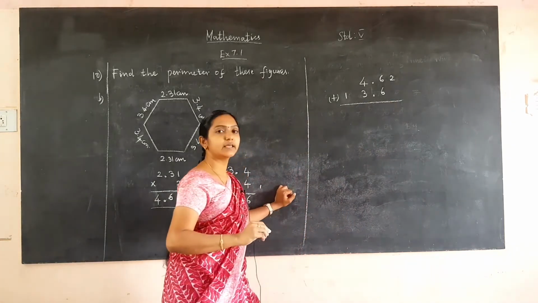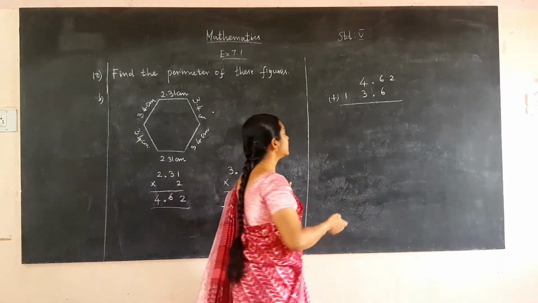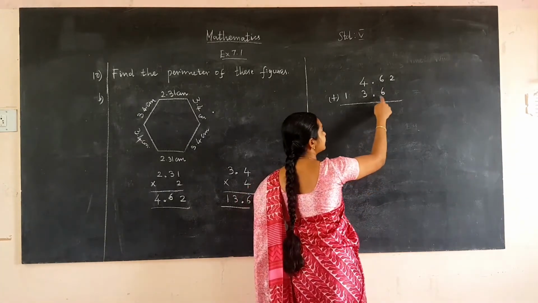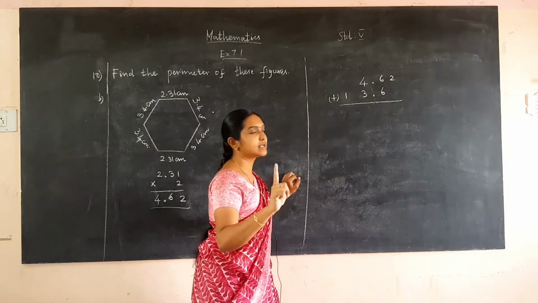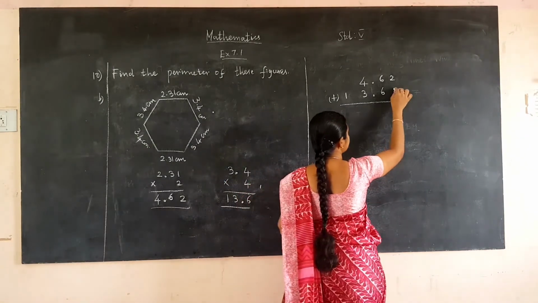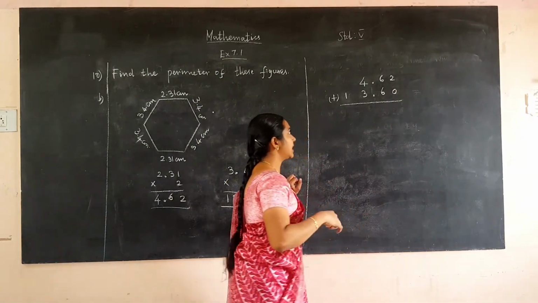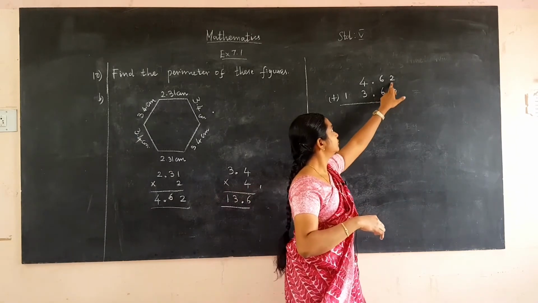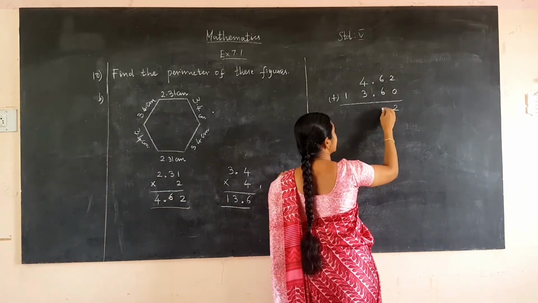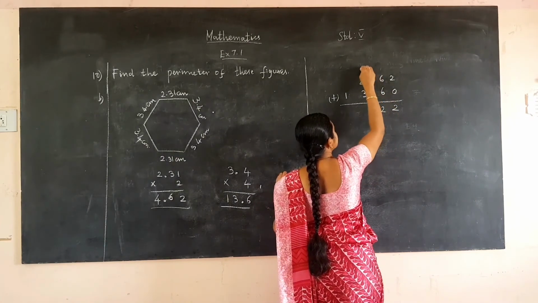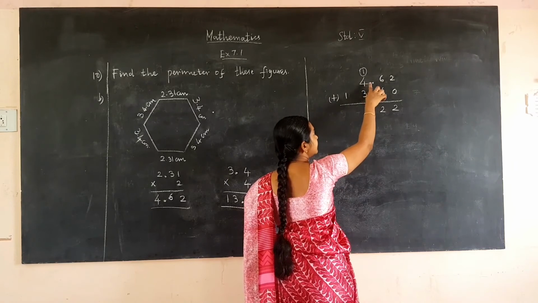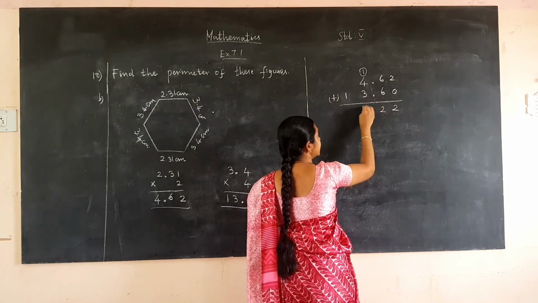You can see that they are unlike decimals. Here after the decimal point we are having 2 places and here after the decimal point we are having 1 place. So we have to convert this into like decimal. So put a 0 here and then start adding. 2 plus 0 is 2. 6 plus 6 is 12. So write 2 here and 1 is carried to next place. 4 plus 1 is 5. 5 plus 3 is 8.